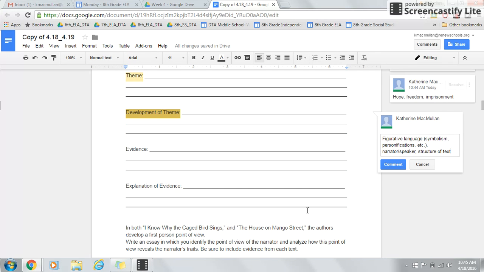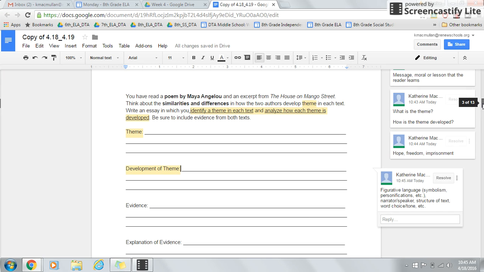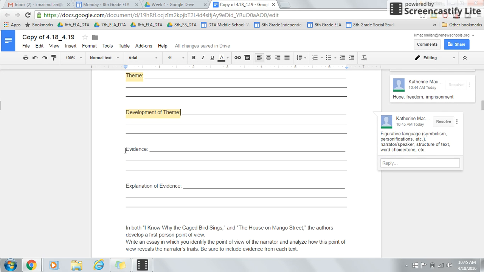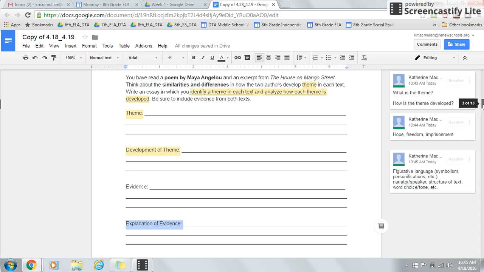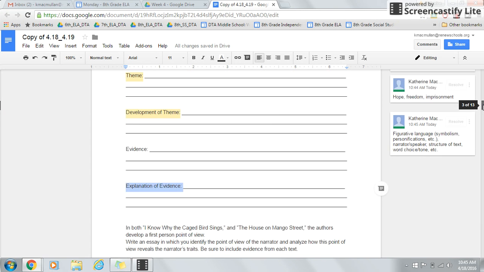We have the word choice and the tone. Those are all examples of how themes could be developed. I want you to think about the ways that Maya Angelou develops themes here. Then you're going to give one piece of evidence and explain that evidence for your answer to what is the theme and how is it developed. So it's like a mini RAGE, one complete sentence per question, so that's 4 sentences in total.